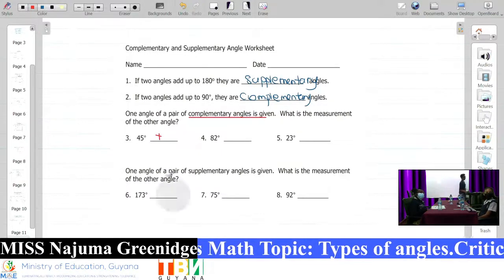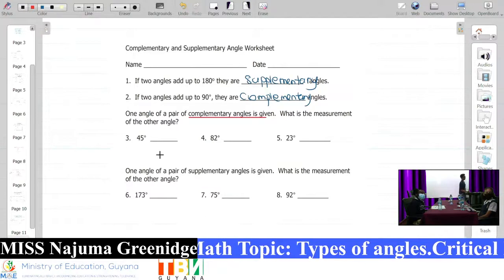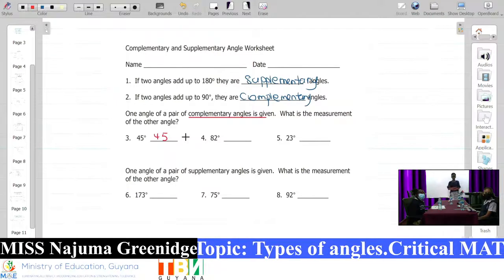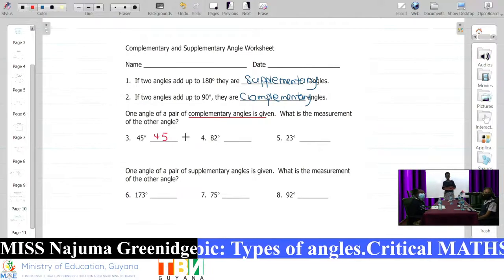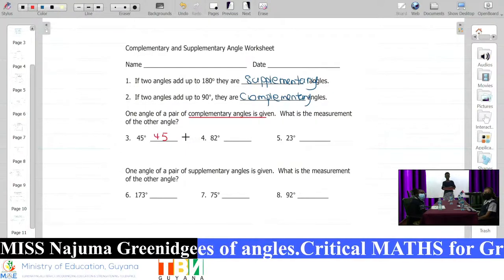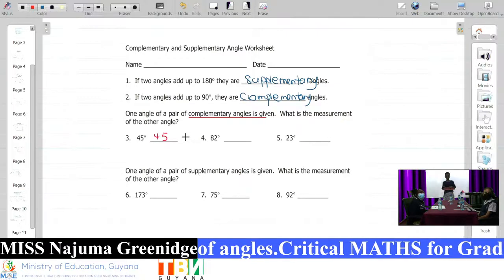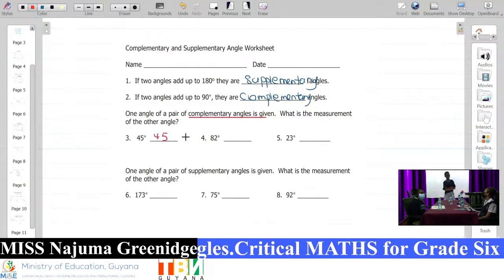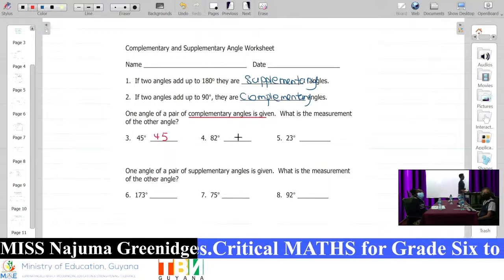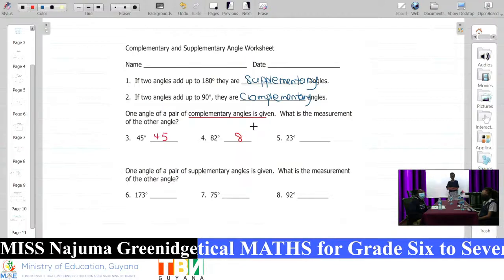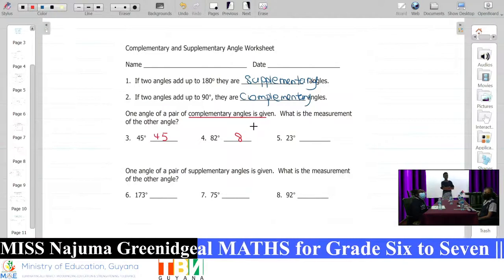Let me write this properly. She knows that 45 and 45 is 90. Good. If one is 82, the other will be 8, since 82 and 8 make 90. Very well. If one is 23, the other is going to be?